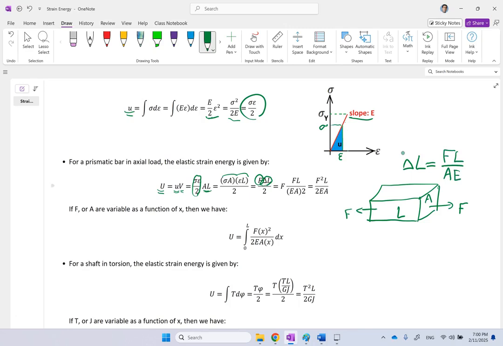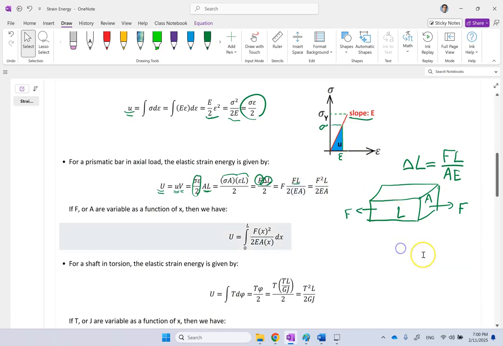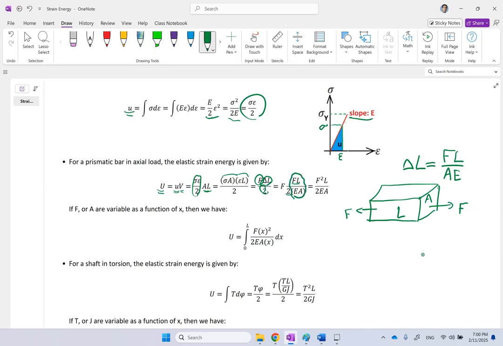So I'm going to plug it right here. And this 2 here is not the power, it's the 2 in the denominator that you always had. This FL over EA is your delta L. So the total energy is going to be F squared L over 2EA.